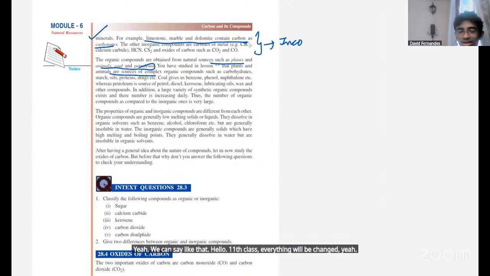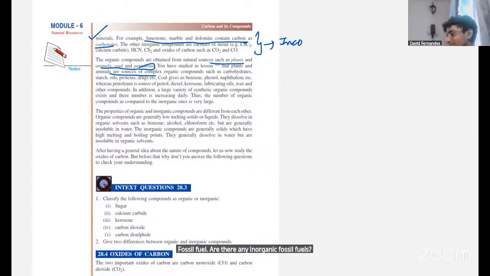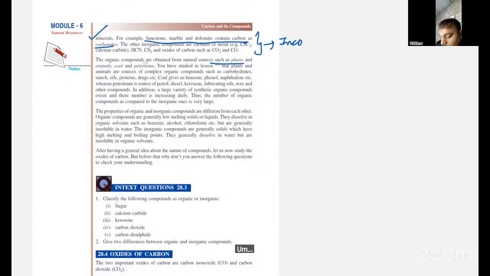Now you said coal is an organic compound, right? A fossil fuel. Are there any inorganic fossil fuels? Right now in Jammu and Kashmir, lithium is found, which is a mineral.